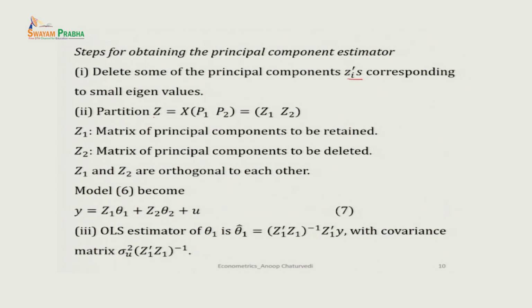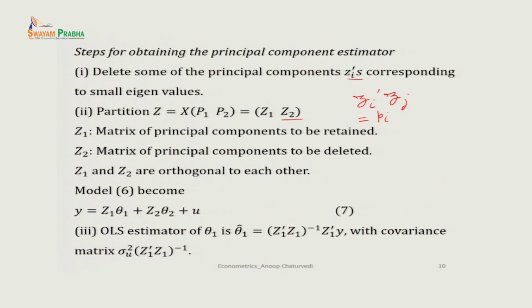Now, we partition Z as X P1 P2 equal to, say, Z1 Z2. Then Z1 is the matrix of principal components to be retained, and Z2 is the matrix of principal components to be deleted. You want to delete these principal components. Now, Z1 and Z2 are orthogonal to each other, because you can easily verify that Zi transpose Zj for i not equal to j is equal to 0. Actually, Zi is equal to X Pi.